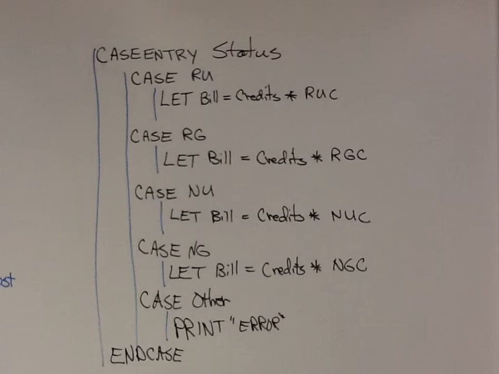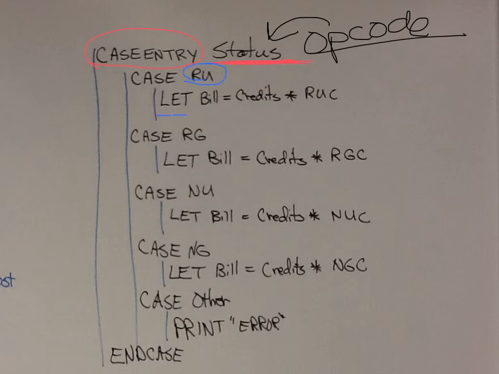To draw it out case-wise, we have the words case entry. And then here is your op code, right? Operation code. So this is a variable that's going to have some value. If that value is RU, it's going to perform all the lines that are here.